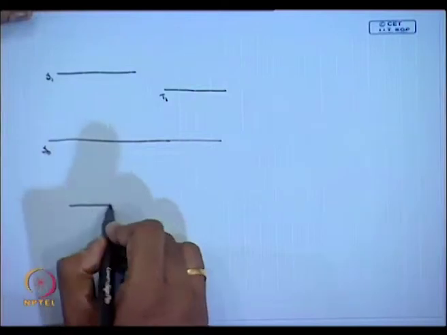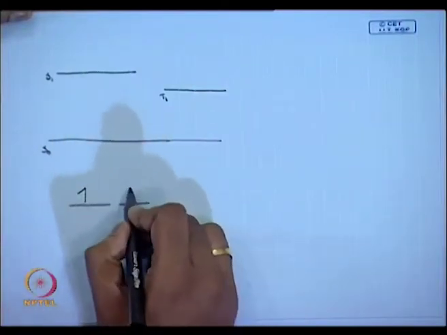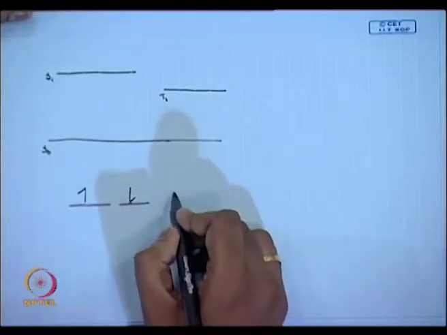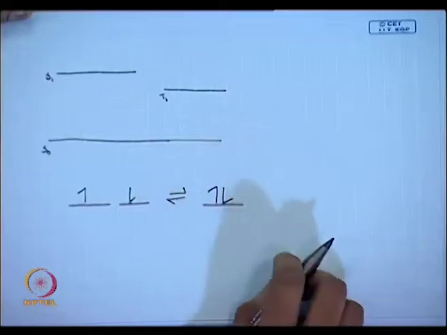See, if you have a singlet, the two electrons with antiparallel spins always try to come together, and once they come together they repel away. They do not like to be together because they repel.